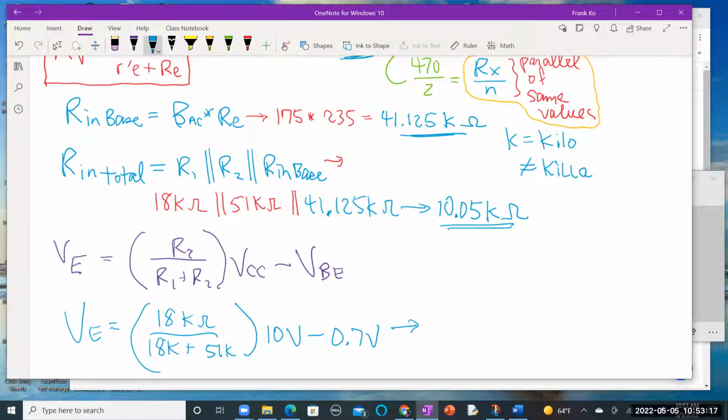Let's see. So 18 divide by open parentheses, 18 plus 51, close parentheses, equals this. And then let's do times 1,000, and then times 10.